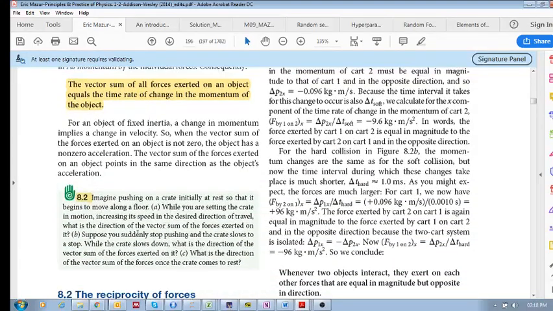So let's see if we can look at this one and try to do it. Imagine pushing a crate initially at rest so that it begins to move along a floor. In A, while you are setting the crate in motion, increasing its speed in the desired direction of travel, what is the direction of the vector sum? Remember, you can add vectors up, right?